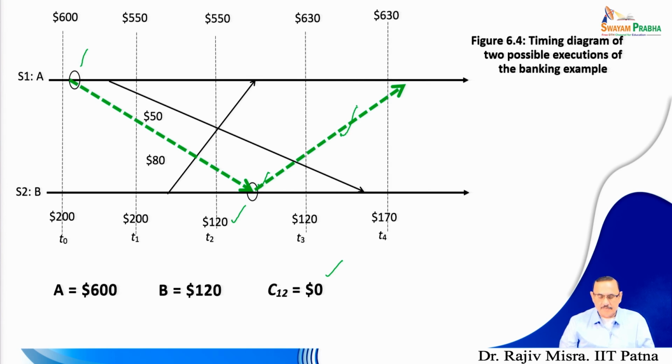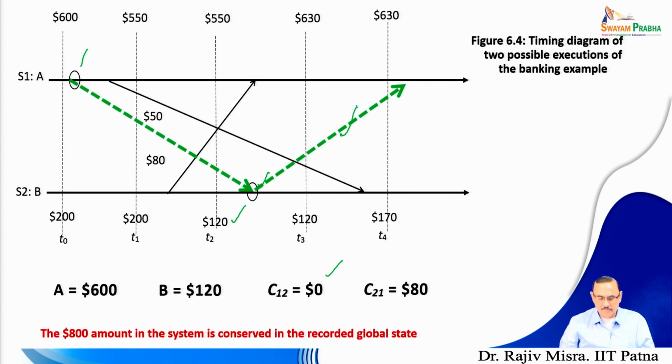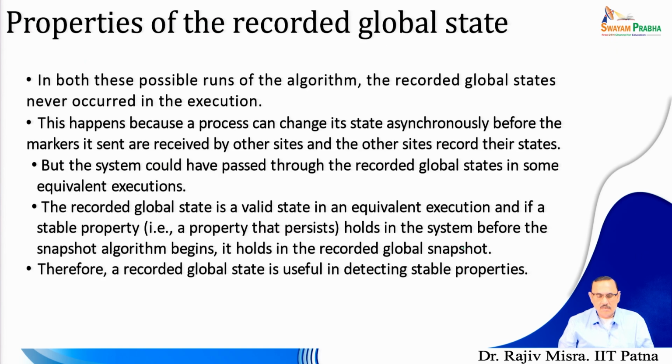When the marker is received at this end, it has already recorded its state, so it will record the state of the channel since it has received 80.